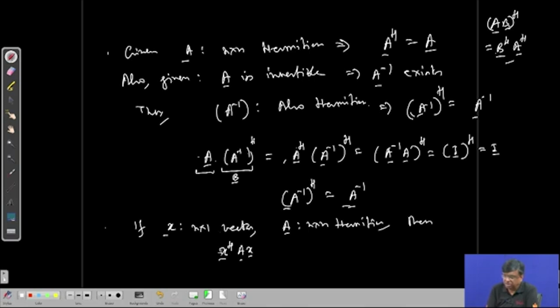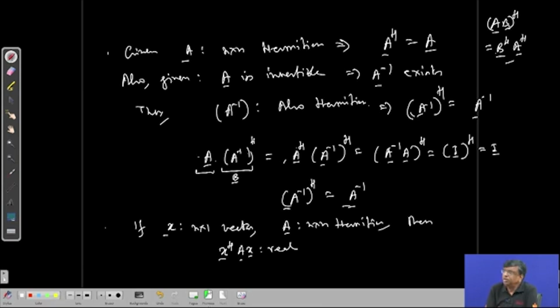Hermitian transposition is a real transposition plus conjugation. So it became a row, Ax is a column, so row into column is a scalar. It is not a matrix, it is a scalar. Our claim is that this is a real scalar, even if x is complex and A is complex.